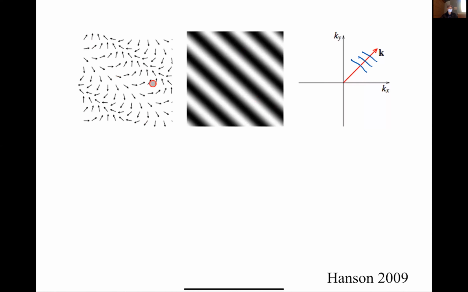We control the phase of the spins. You can see that this has a diagonal spatial pattern, an organization in this diagonal pattern. It's not the same frequency as this, but we'll see things like this later in the lecture, where we'll be looking at spatial patterns in the phasor orientations.